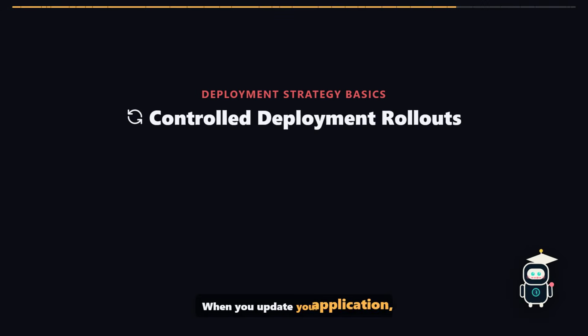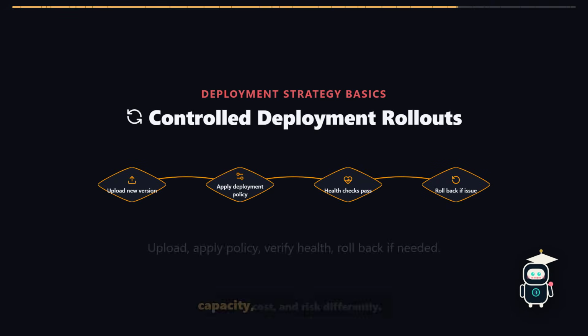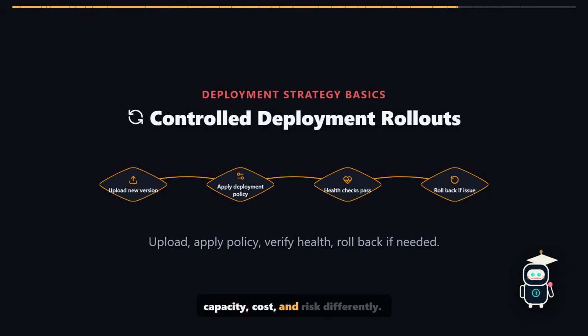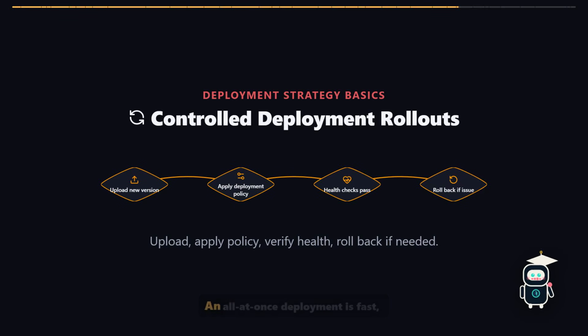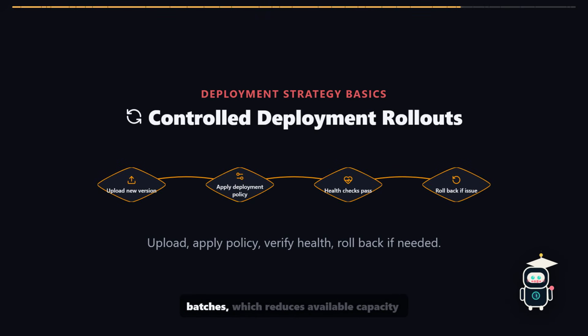When you update your application, Elastic Beanstalk gives you several deployment policies that trade speed, capacity, cost, and risk differently. An all-at-once deployment is fast, but every instance can be out of service briefly. A rolling deployment updates instances in batches, which reduces available capacity while each batch is updated.